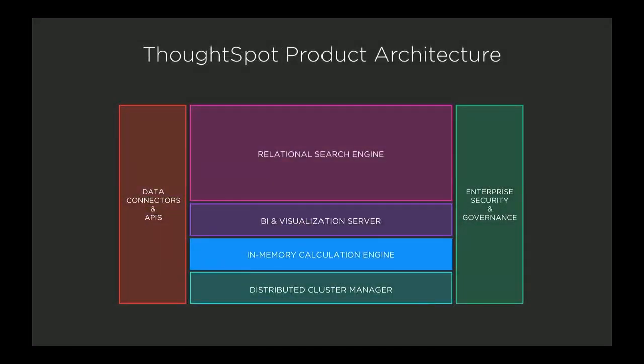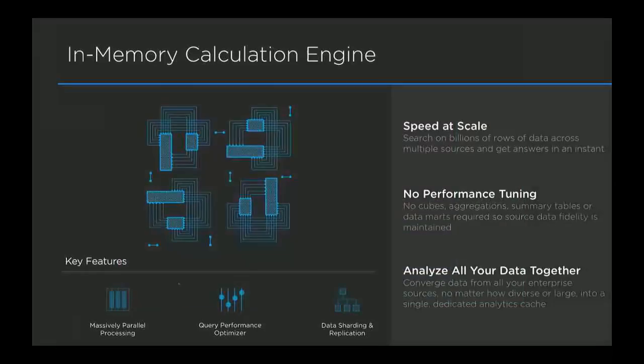So the next part of the stack that we want to go through is this in-memory calculation engine. The first thing to note here is that as data is being cached within ThoughtSpot, we're basically caching everything in memory.